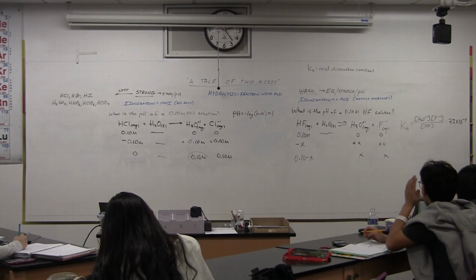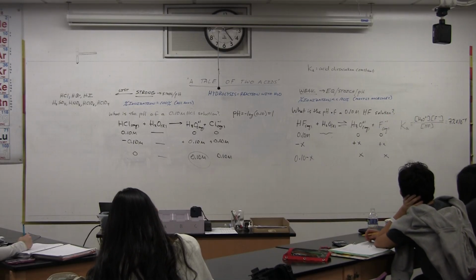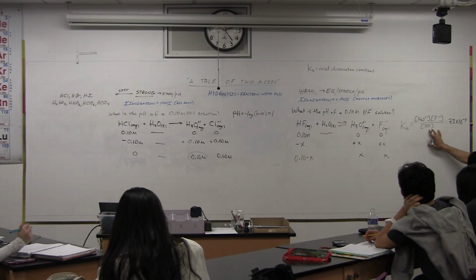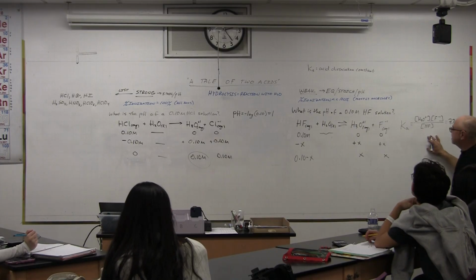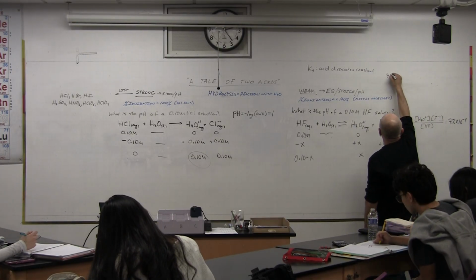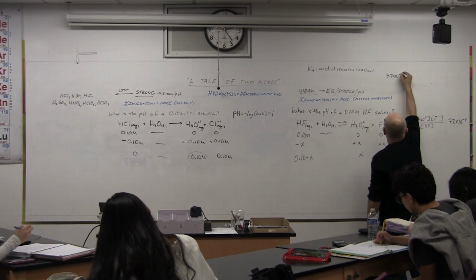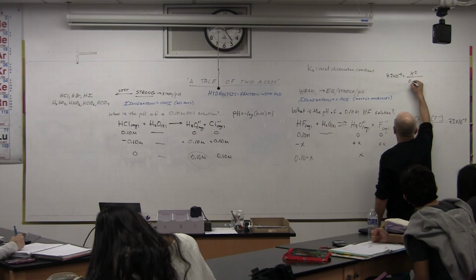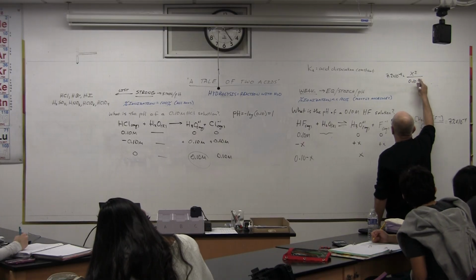Again, it should look identical to all the equilibrium problems we can do. So now I just have to plug in my expression in terms of X and solve. Now, this is not very hard to solve analytically, meaning we can use the solver.